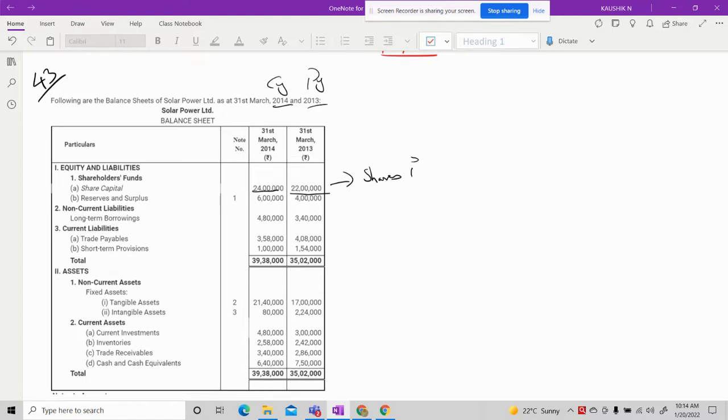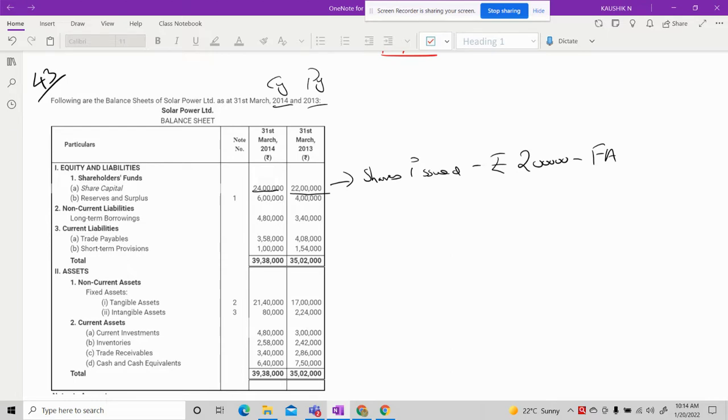Shares issued for what value? For rupees 2 lakhs. And where does this have to be shown? This will appear in the financing activity. We'll take this to the financing activity.